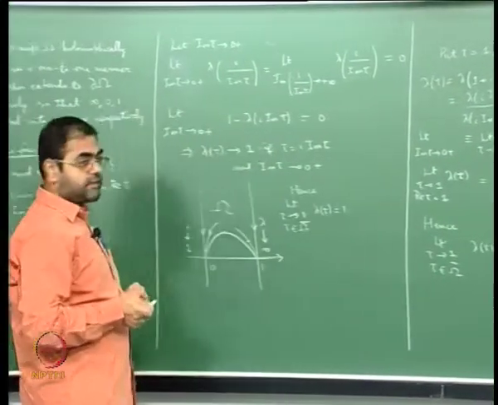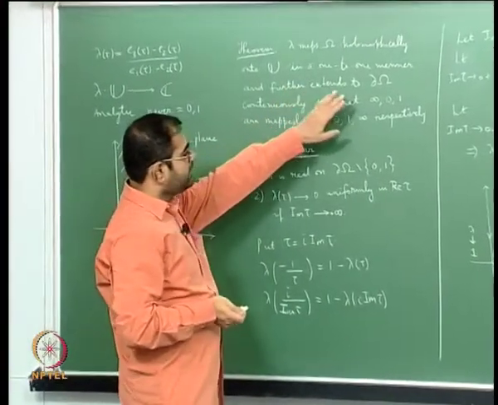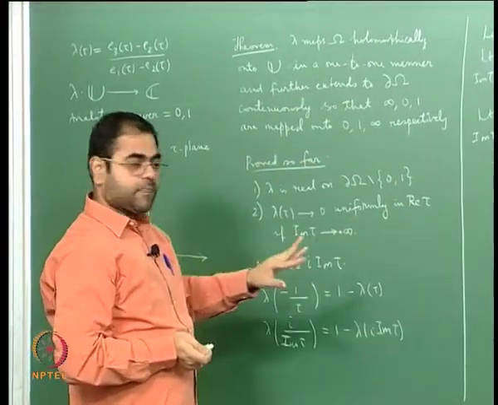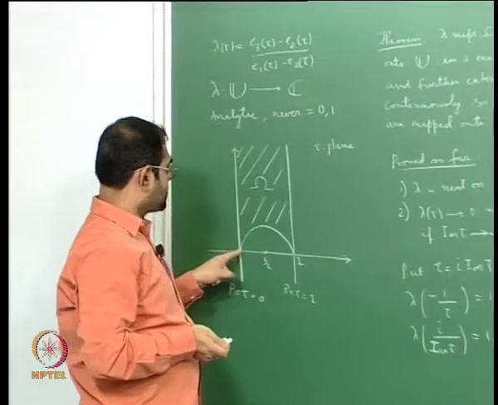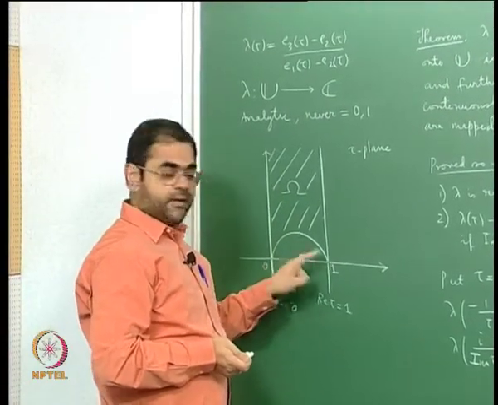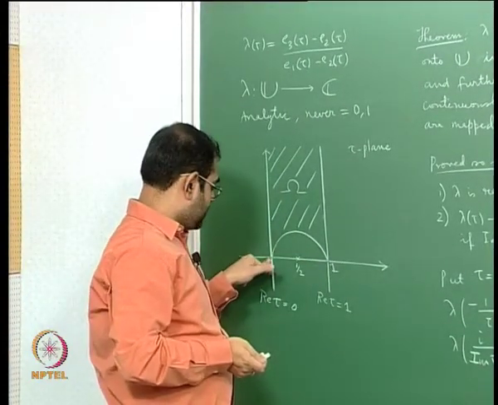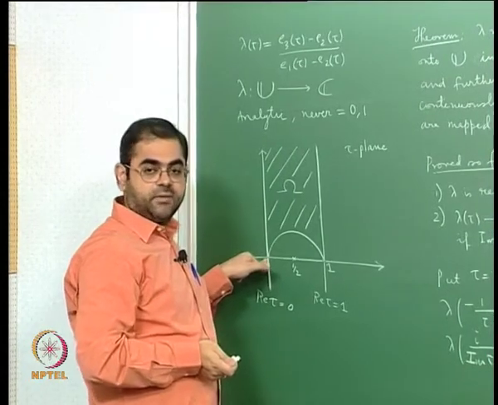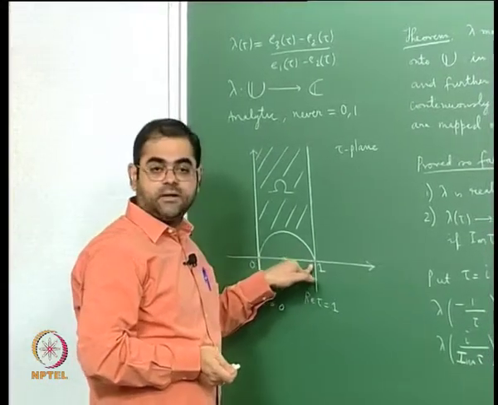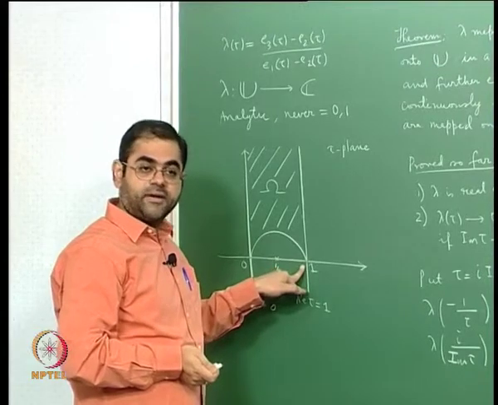So what we have succeeded in proving is that you can extend lambda to the boundary, with lambda at 0 being defined to be equal to 1 and lambda of 1 defined to be equal to the point at infinity.